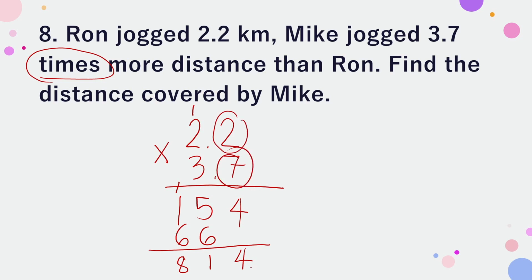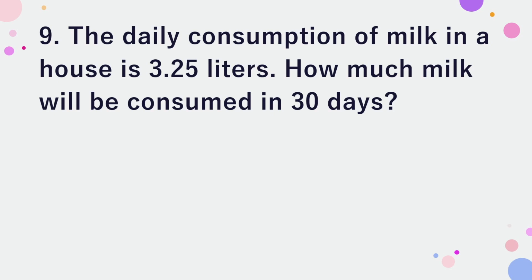So I will move the decimal point 1, 2 places over here. So the answer is 8.14 kilometers. Mao ni ang na-travel ni Mike. Oh, is problem number 8 clear? Yes, sir. Okay, let's move on to problem number 9.